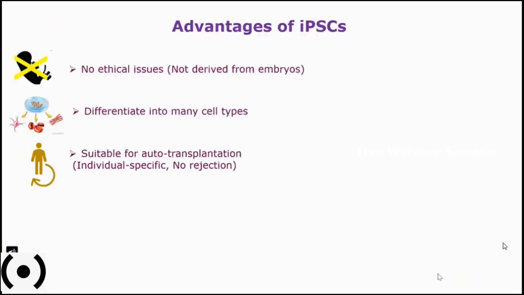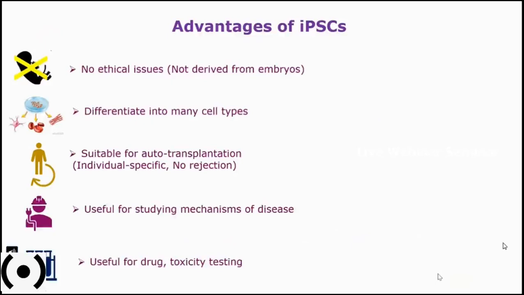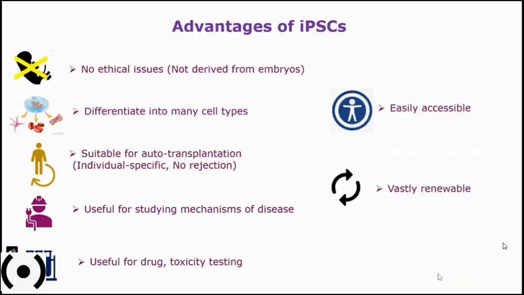There is no rejection, no immunological response. They can be useful for studying mechanisms of diseases. They can be used for drug screening and toxicity testing. They are easily accessible and vastly renewable. So these are the advantages of iPSCs which make them so popular.